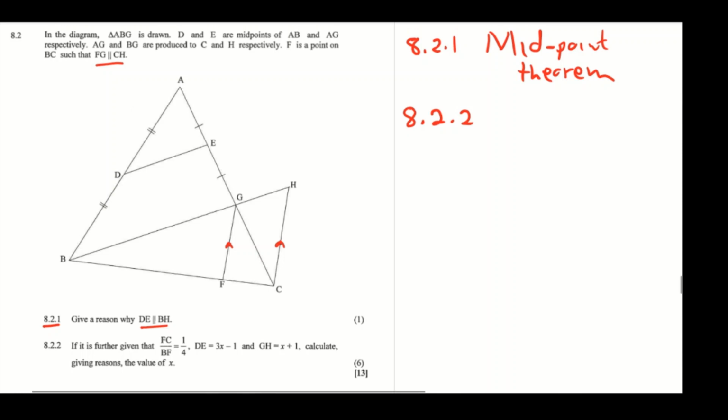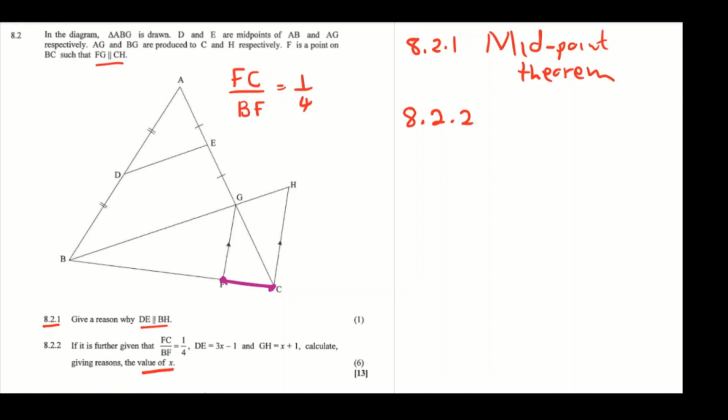So now let's go to 8.2.2, where we are asked to solve for x. If you can check, we are asked to calculate the value of x, right? So we are given the following. We're given that FC over BF is equal to 1 over 4. So what does this mean? It means FC is the side from here to here. And you're told, obviously it's the ratio, it's not the actual unit length.